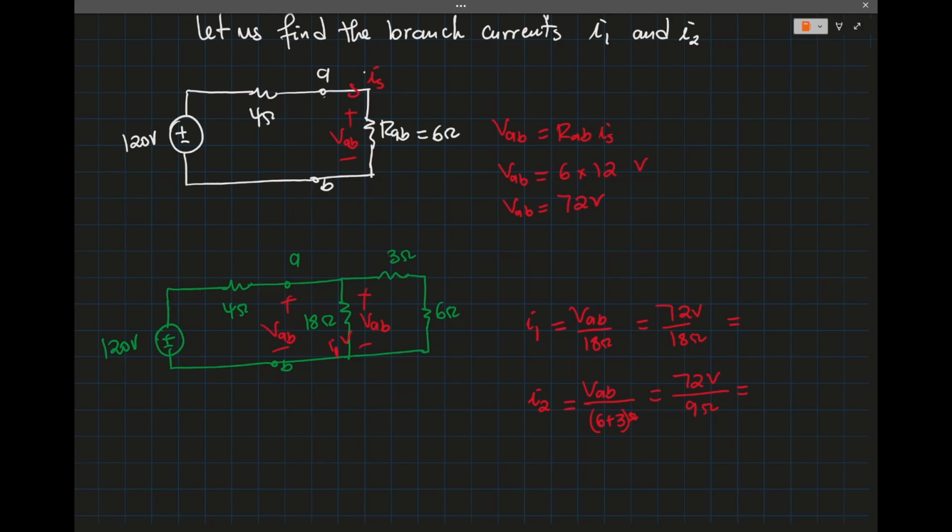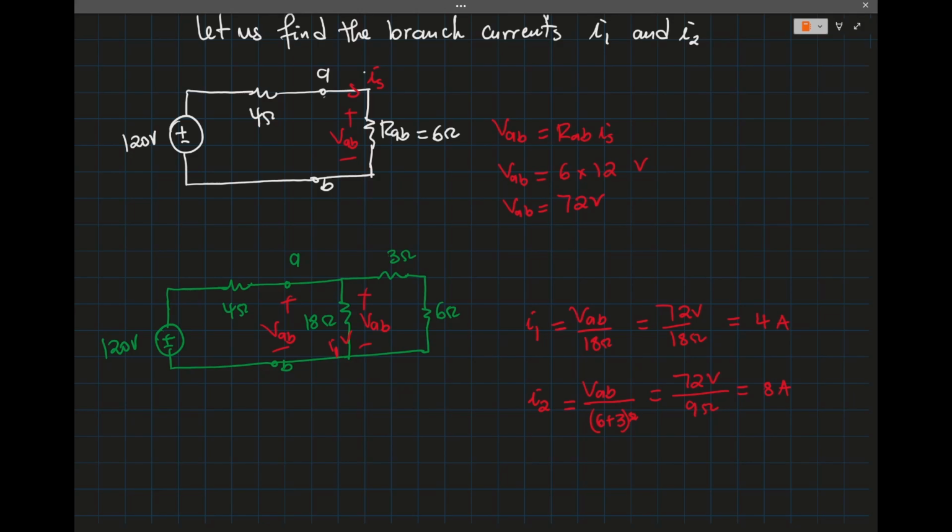72 divided by 18 gives me 4 amps, and 72 divided by 9 should be 8 amps.